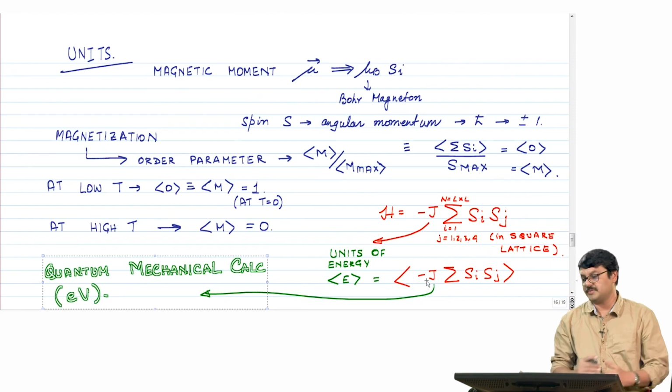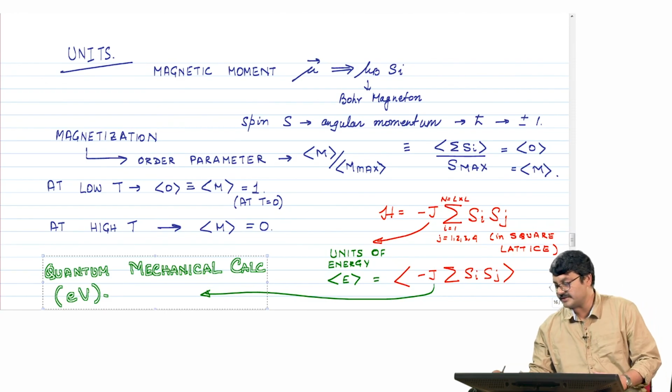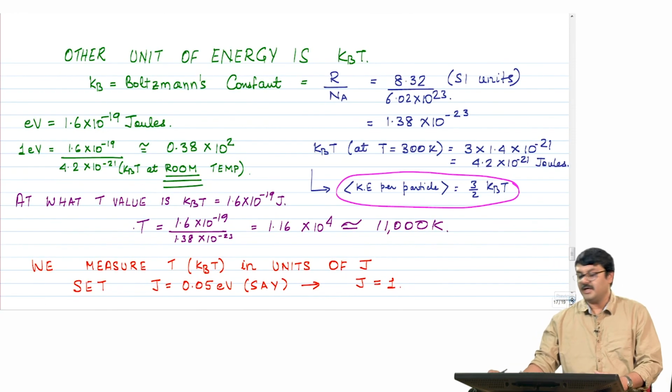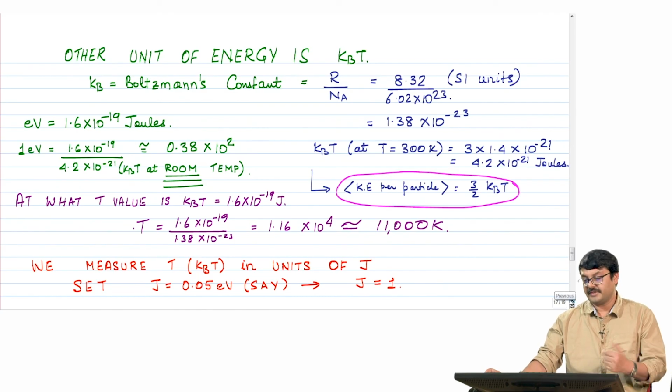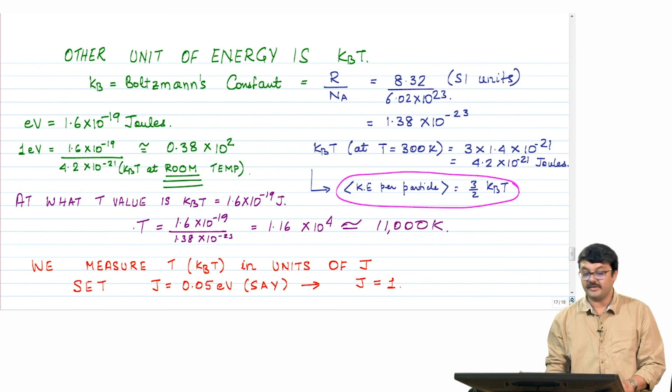This is done by putting in all the electrons and various degrees of freedom, but here we are interested only in the magnetic moment degree of freedom.